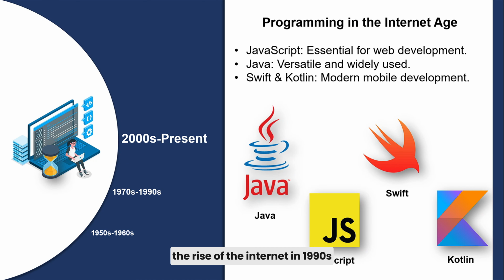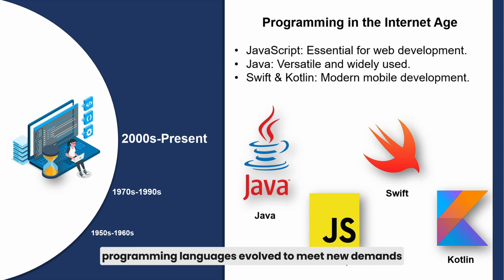With the rise of the internet in the 1990s and its explosive growth in the 2000s, programming languages evolved to meet new demands. JavaScript emerged as a vital language for web development, enabling dynamic and interactive content on websites. Java also gained prominence for its portability and widespread use in enterprise applications.